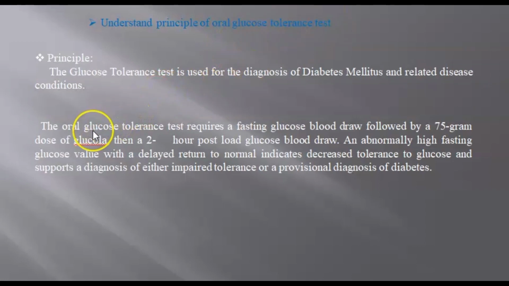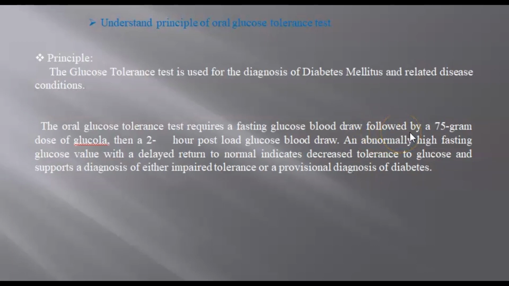Having said that, what is the principle of this oral glucose tolerance test? This is the principle on which the test is based. The overnight fasting blood glucose is collected and the result is obtained, and the normal range is established.